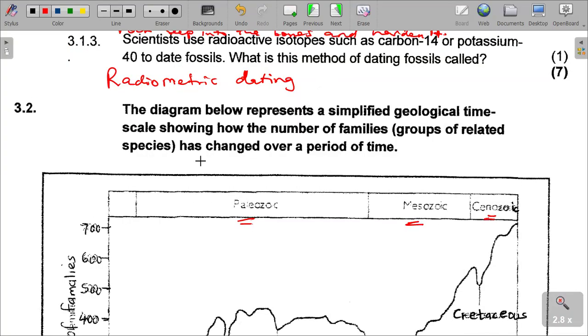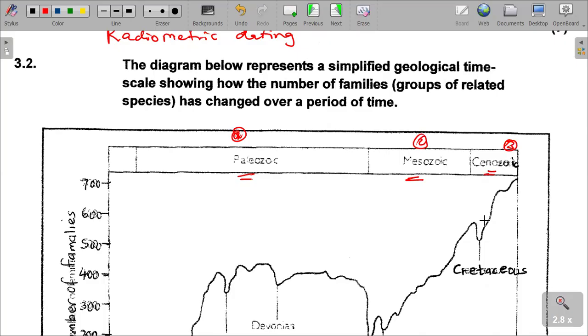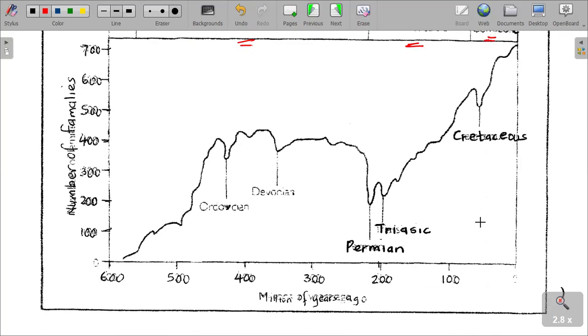Those are our eras. We have three different eras represented there. The number of families is shown on the vertical scale.